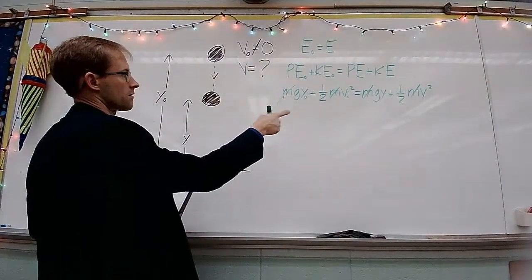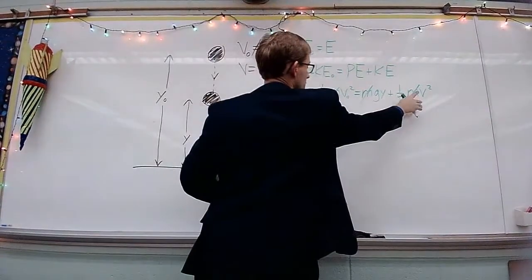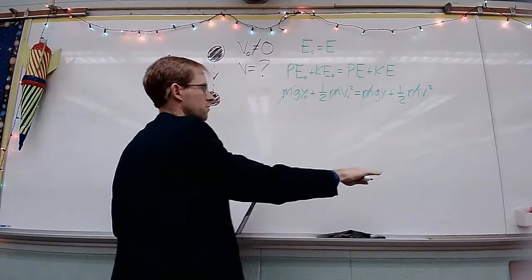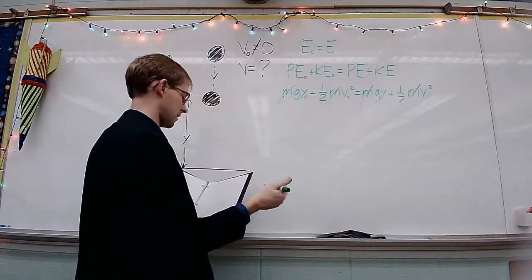Because I want to solve for that velocity, I'm going to move this whole thing over to the left so I'm looking at it from left to right instead of right to left like the last one.